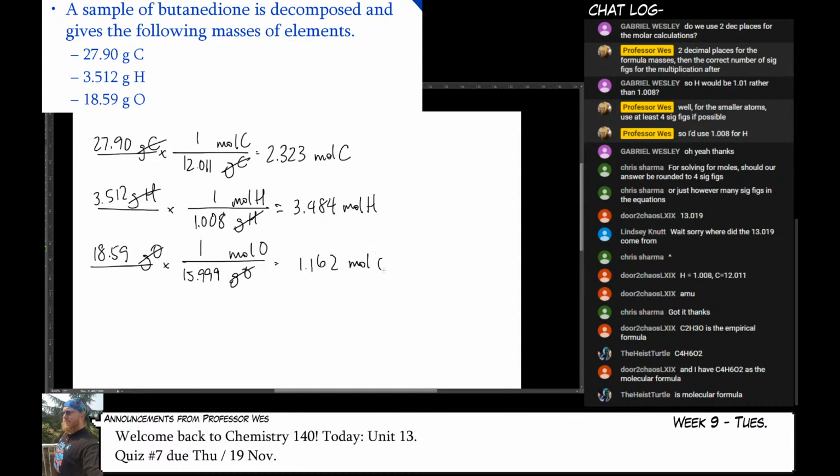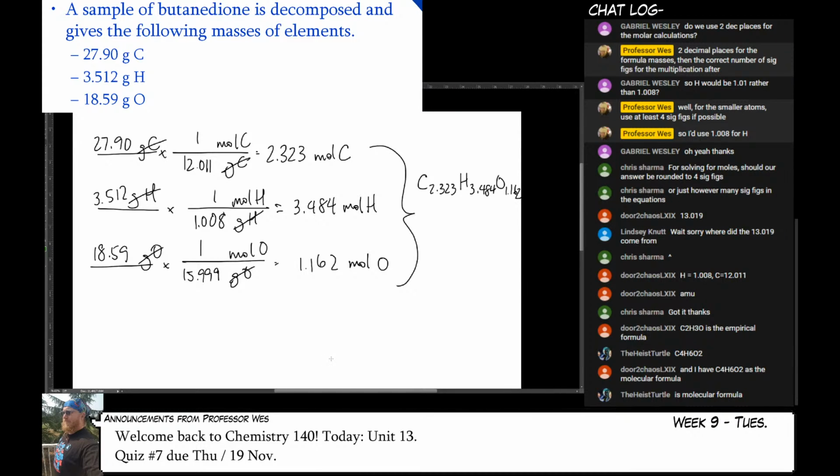1.162. So there's our pseudo formula. I just got to actually put it into the form that we're familiar with. There we go. It's a little crowded over there. Let me see if I can neaten that up a bit. Oh, that's too tiny. 1.162.